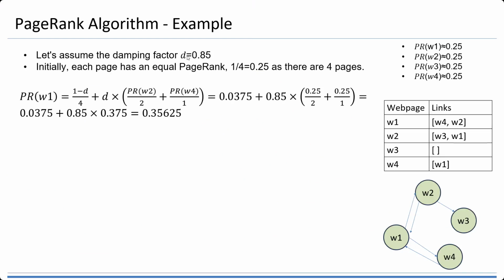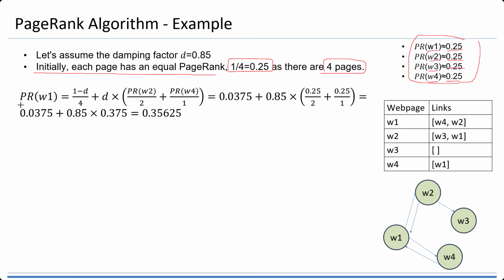So let's assume the damping factor is 0.85. The initial pages have equal PageRank, which is 0.25, because we have 4 pages. So the initial probability for web 1, web 2, web 3 and web 4 will each be 0.25.